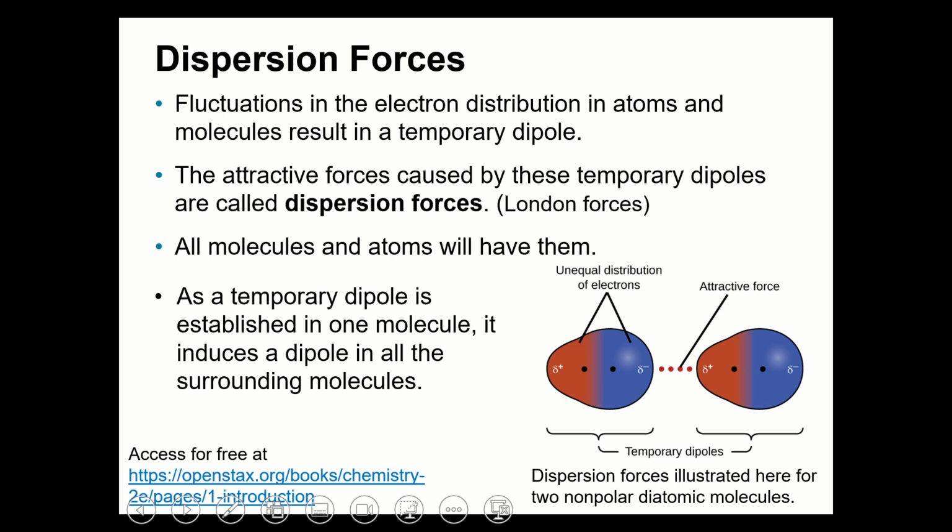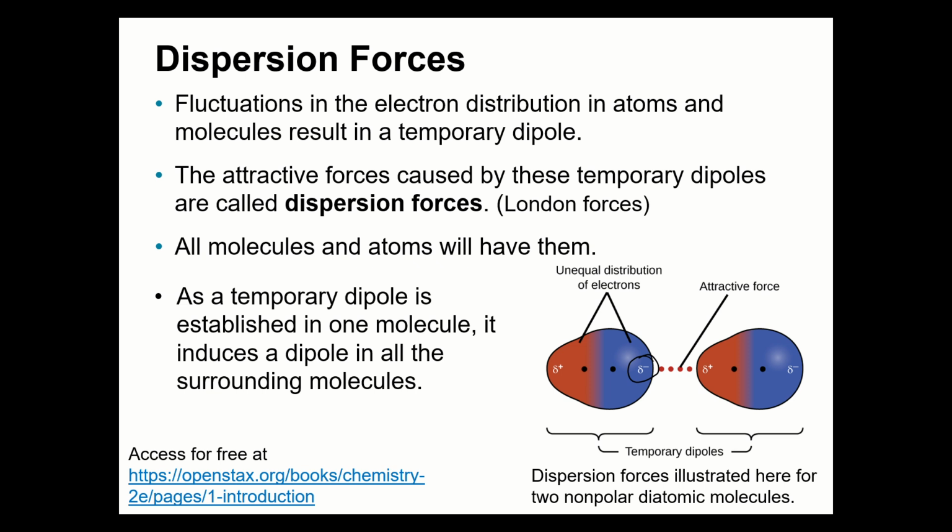The first one we're going to talk about in more depth is dispersion forces. Remember, these forces are present in all molecules, but nonpolar molecules only have dispersion forces. These are caused by temporary dipoles. Electrons are constantly moving around an atom or a molecule, and so in a moment, electrons may be more condensed on one part of the molecule. That's where you're seeing this partial negative charge on the right side of the left-hand molecule.